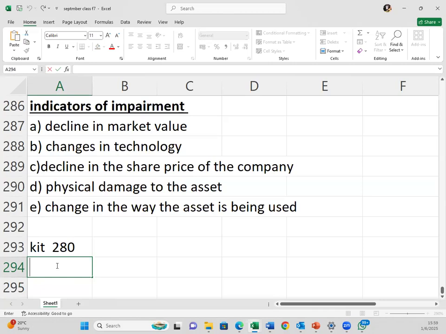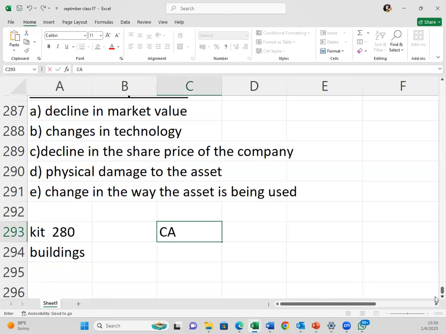So the first thing, if you're allocating the impairment to the cash generating unit, let's have the assets that we had in that cash generating unit. We had the buildings. We want the carrying amounts of these assets.